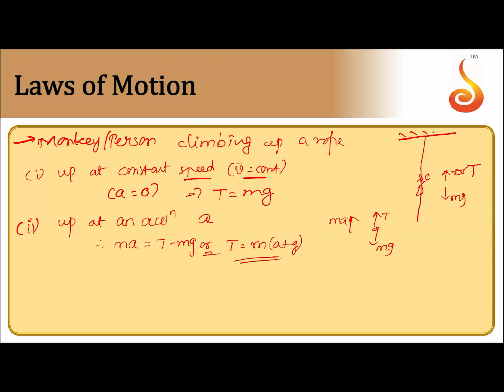So the tension in the string becomes more. If the monkey climbs up with greater acceleration, the tension also becomes greater. And if the tension exceeds what the string can withstand, that is its breaking point, the string will snap.